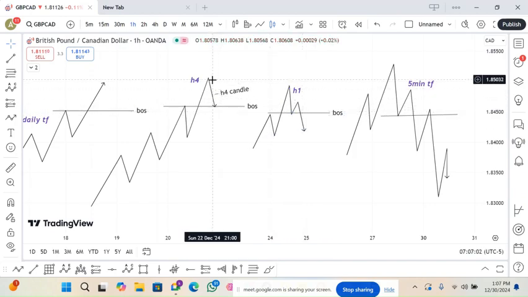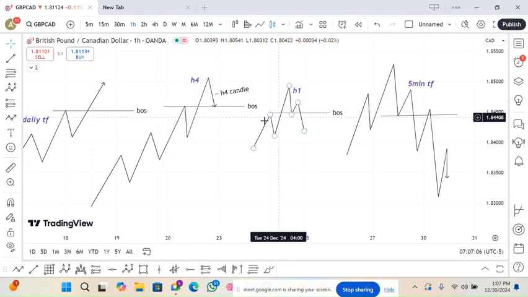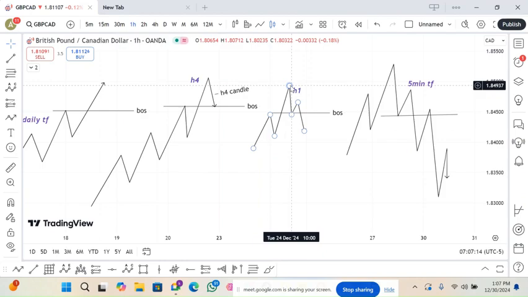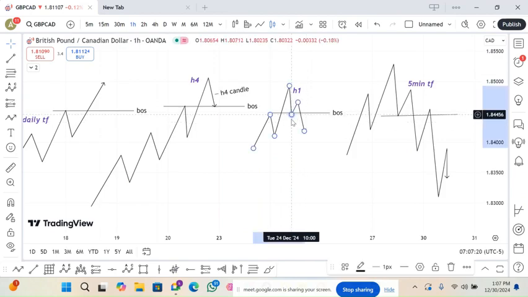Because you know that this is bearish. This move is a bearish move to the demand zone. So now this 1 hour candle is going to give something like this. You can see that the market is also coming from the upside. So this 1 hour candle will give this move. You understand?